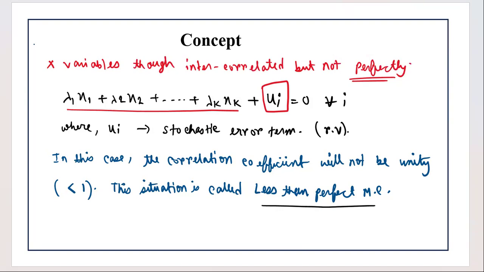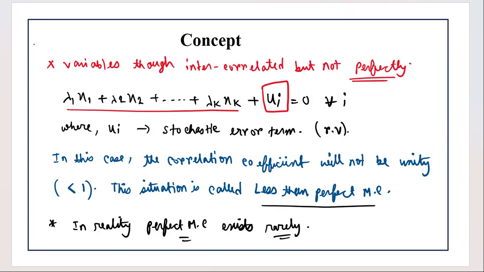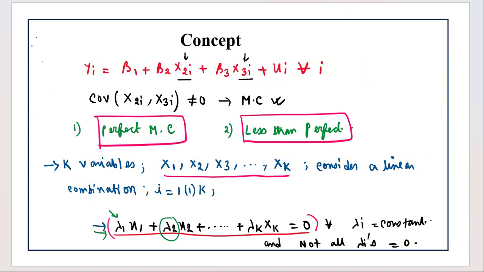Now, one thing you should note is that in reality, perfect multicollinearity is very rare. Let me write it down. In reality, perfect multicollinearity exists rarely. It's a very rare thing. So what will be this perfect multicollinearity? Let me give you an example.